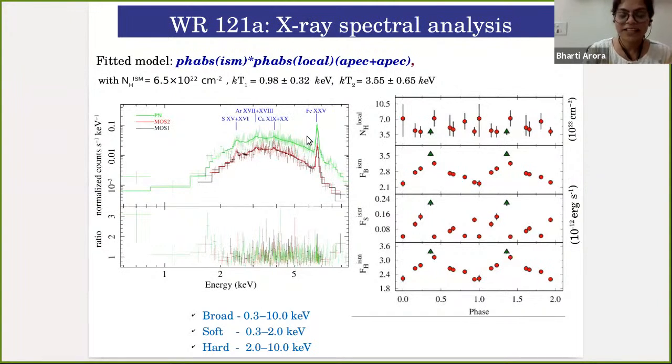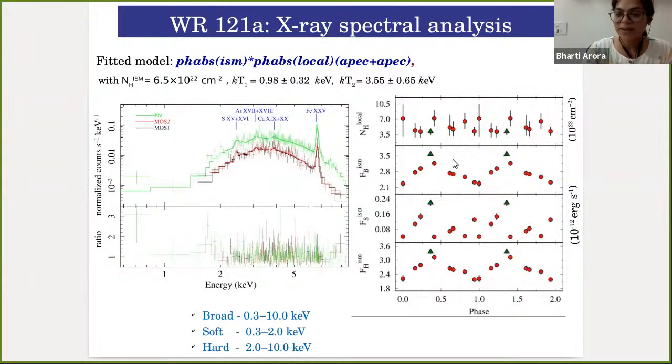In the left figure, I have shown the XMM spectrum of WR121A fitted with the 2 temperature plasma model. After fitting, we estimated the flux in 3 different energy bands: broad, soft, and hard. Broad is from 0.3 to 10 keV, and soft and hard are demarcated as 0.3 to 2 and 2 to 10 keV.